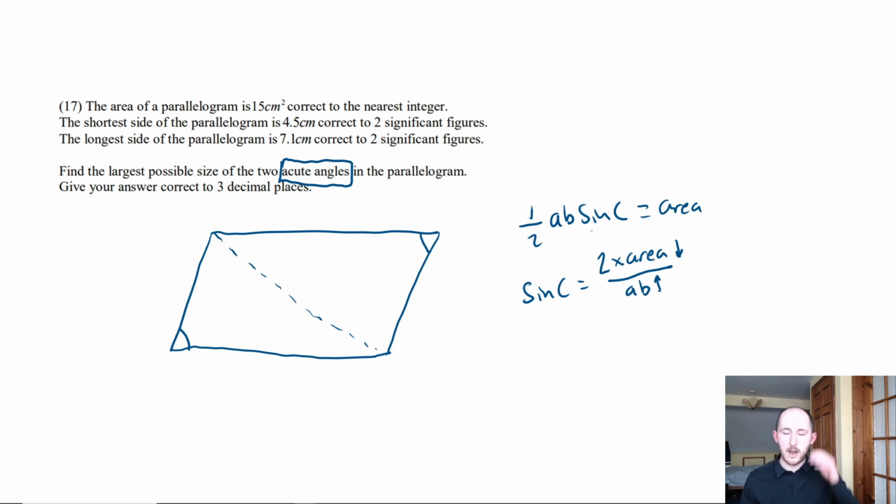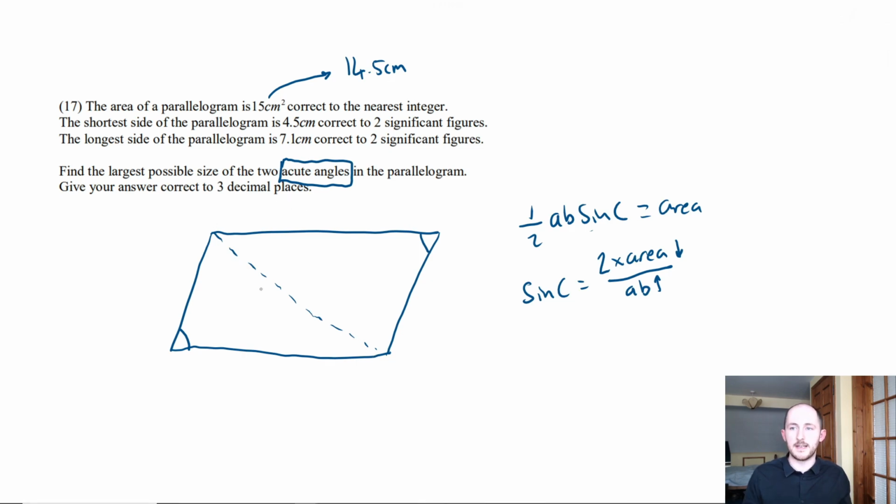So, now we can do our bounds. Because now we know the equation we're using, now we can do bounds, okay? Cool. So we want the area to be as small as possible. We want the lower bound of 15 centimeters, which is going to be 14.5 centimeters. But if you remember, I've cut this shape in half.